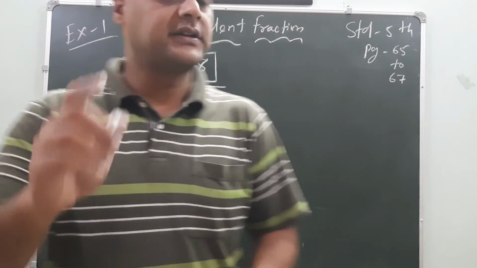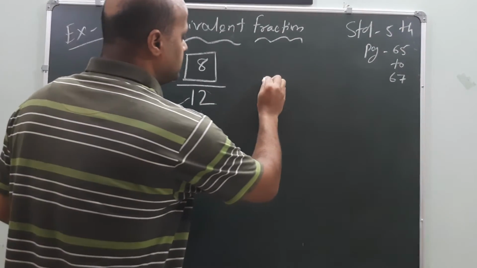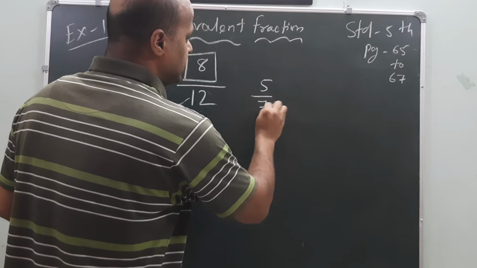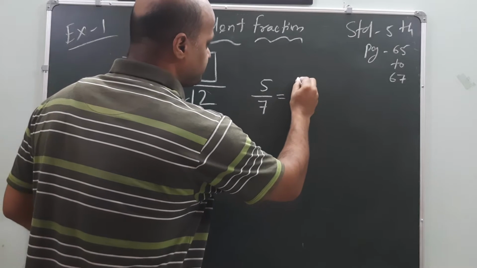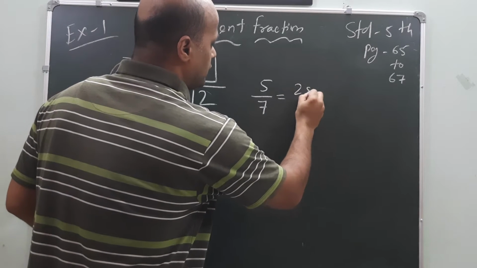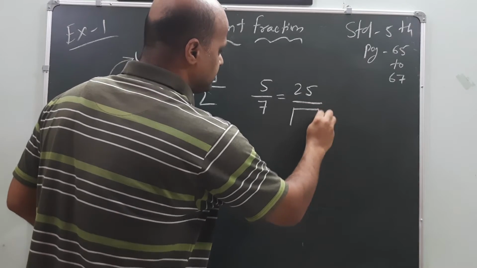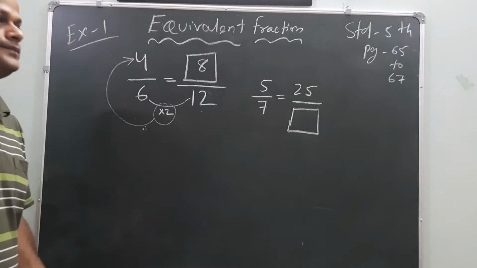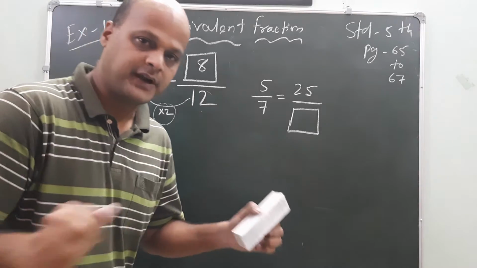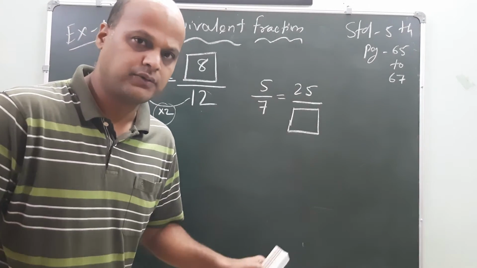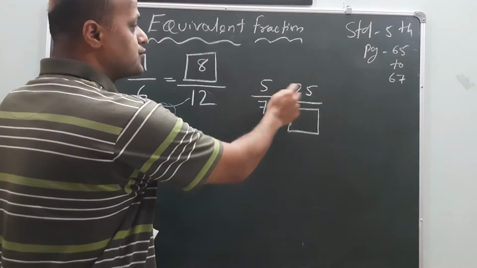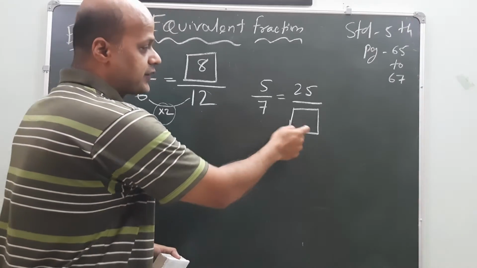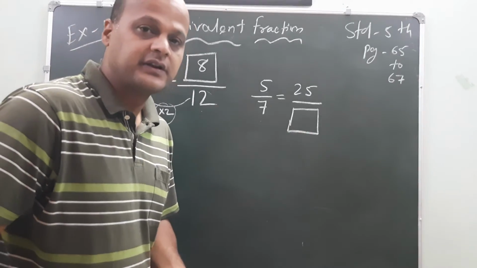Understood, my dear friends? Now do another one. 5 by 7 is equal to 25 by dash. Same funda, my dear friends. Nothing is going to change. Now in these two fractions, which one is given?